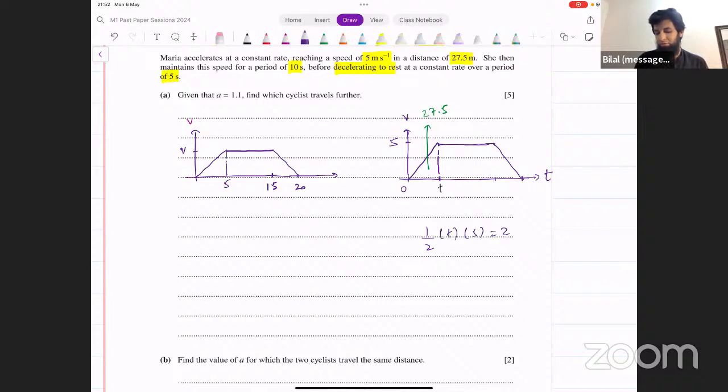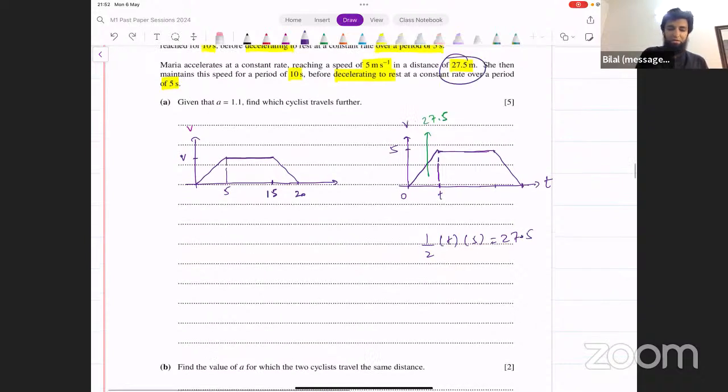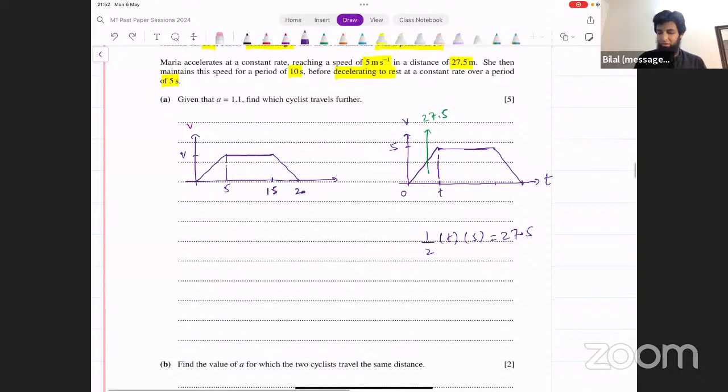What would that be? 27.5. And because she travels a distance of 27.5 meters here, can we find this t value from this? So I think it's 11. So this point is actually supposed to be 11. If this is 11, then this is 21, and this is 26.